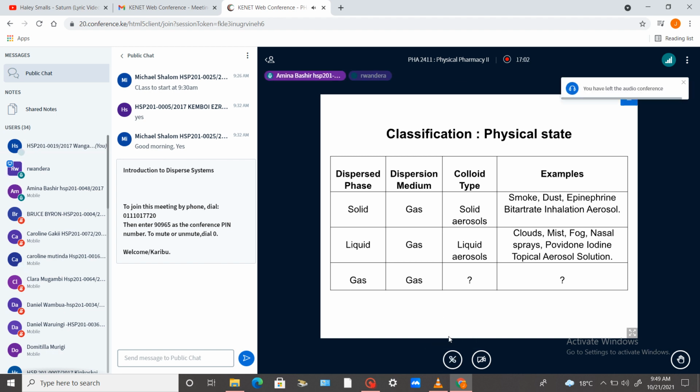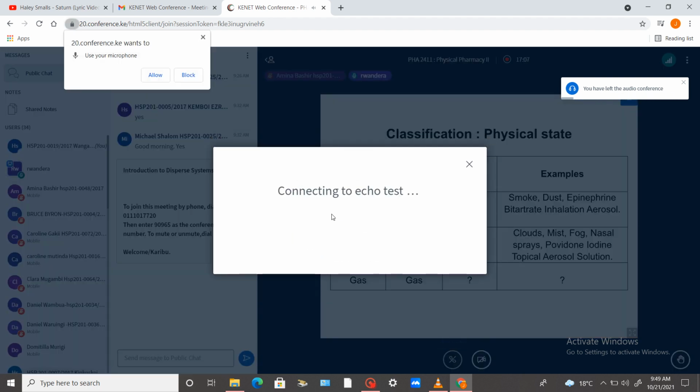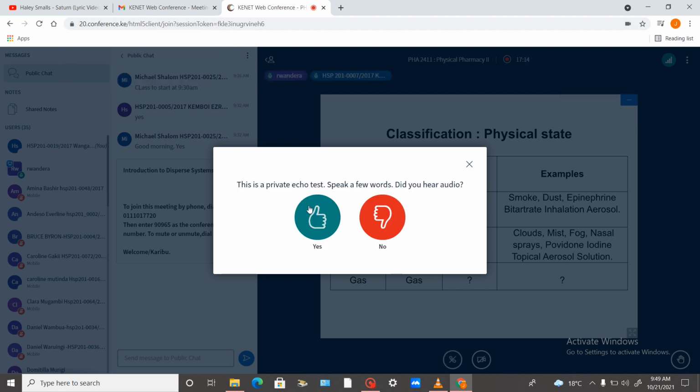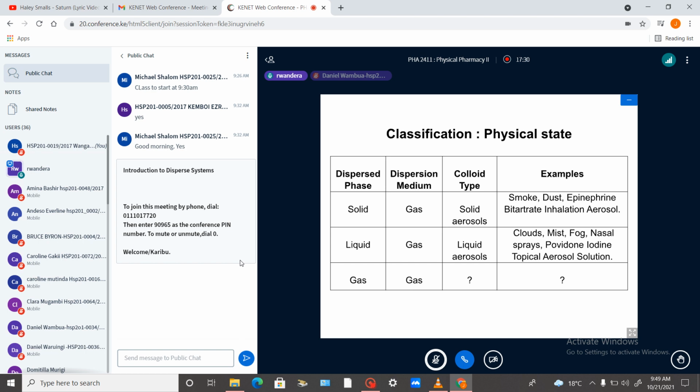I have no idea. Okay, I'm trying to think, because how can gas be dispersed in gas? Or maybe you just form air. Okay, any other last attempt we can listen from the class?